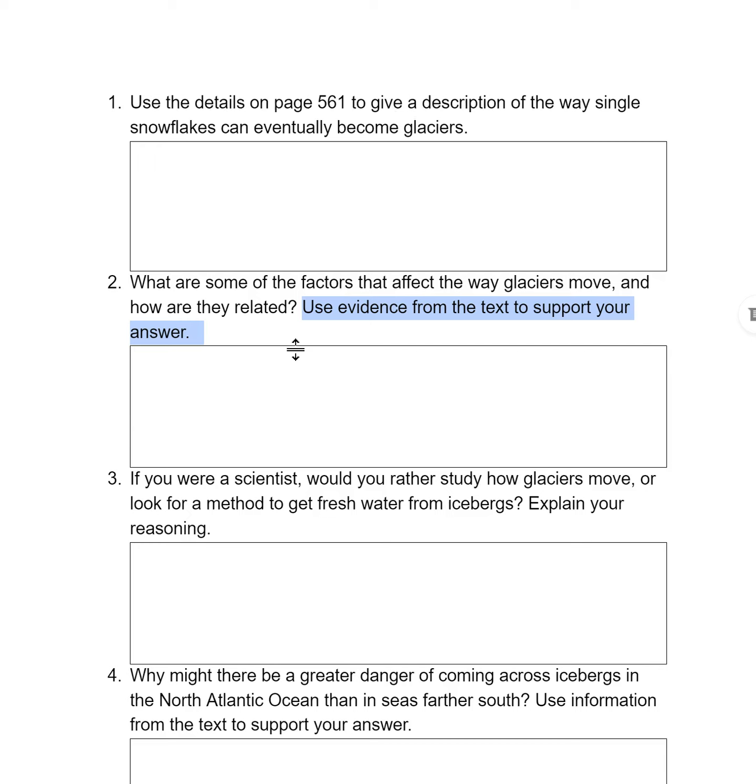So what are some factors that cause them to move in that particular way? Well, in paragraph 3, it says one way is by sliding across the ground on a very thin film of water from melted ice. So one factor is temperature.